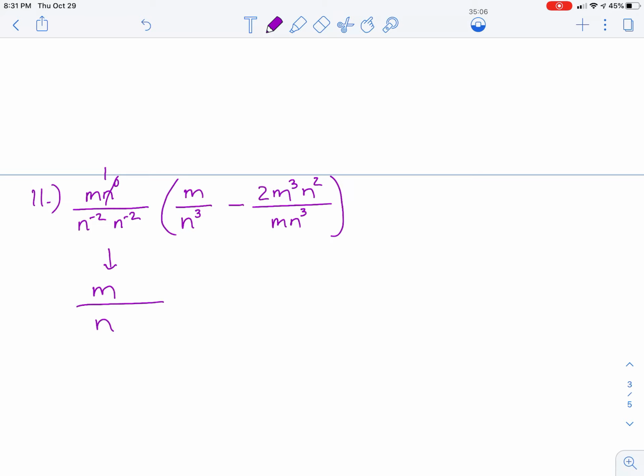On the bottom, we have a base of n on both of those with an exponent of -2. If I add those together, I'm going to end up with, oh, I'm sorry. That's a +2, isn't it? I think I wrote that down wrong. Let me double check. Yes, I'm sorry.